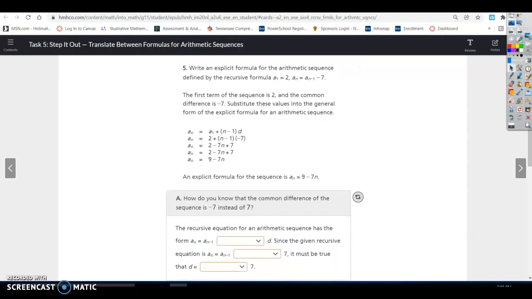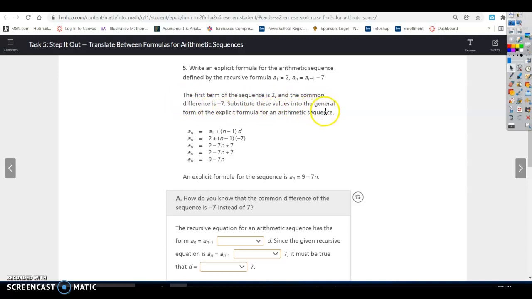Write an explicit formula for the arithmetic sequence defined by the recursive formula a sub 1 equals 2, so our first term is 2, and a sub n equals a sub n minus 1 minus 7. So this shows that our common difference is negative 7. So the first term of the sequence is 2, and the common difference is negative 7.